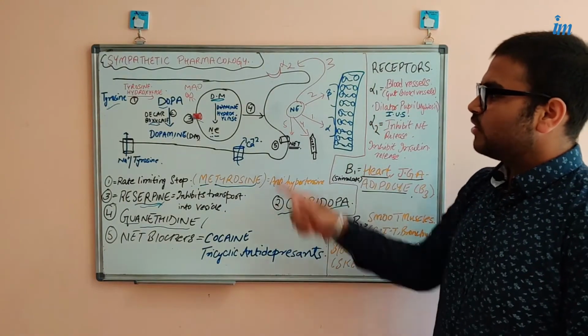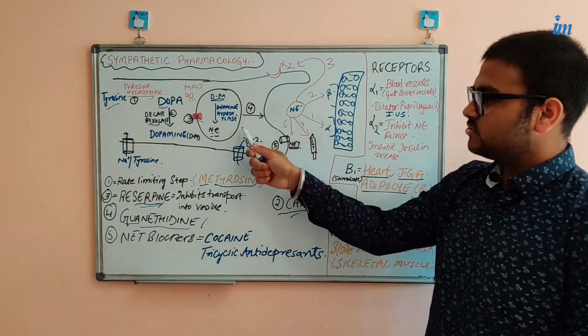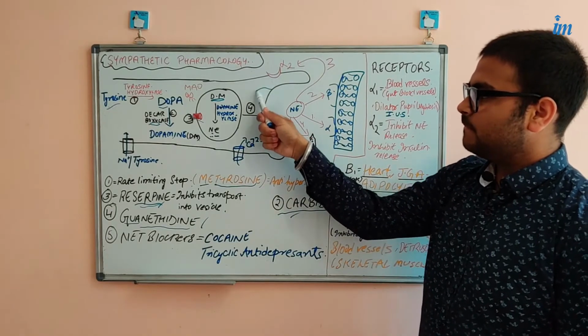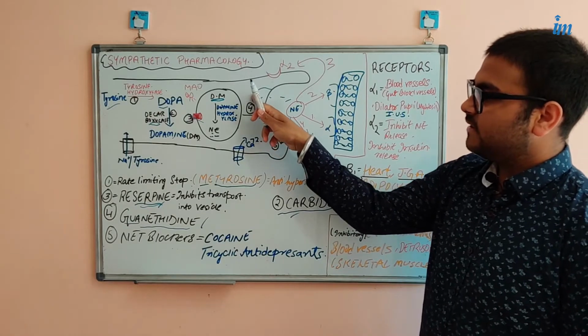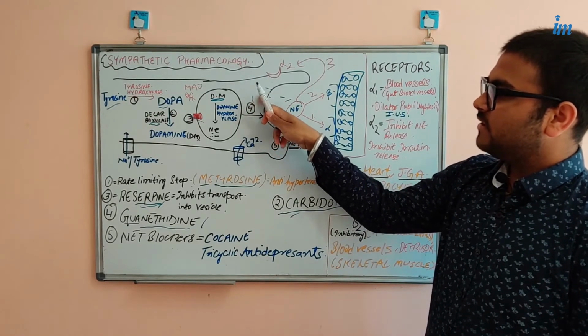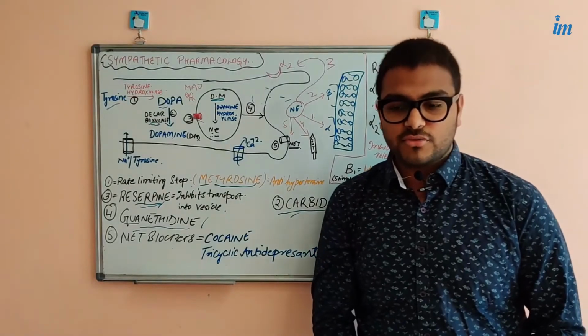Once the norepinephrine is released, the vesicle is fused here, and the norepinephrine is released in the synaptic cleft. What should the norepinephrine do now?